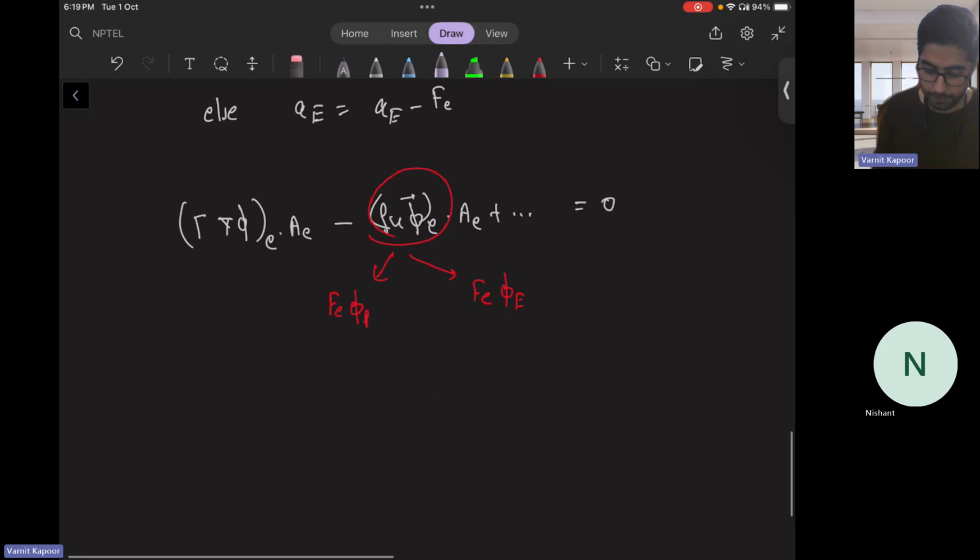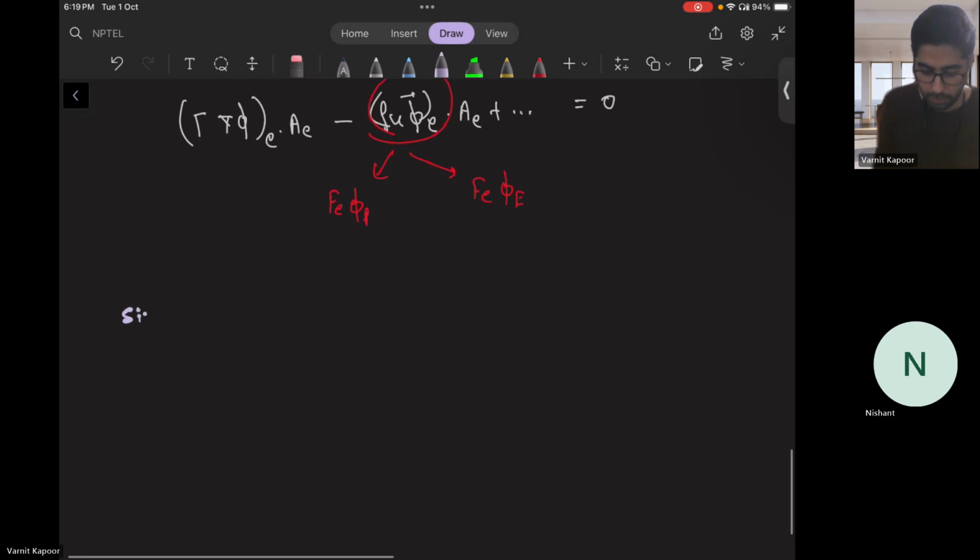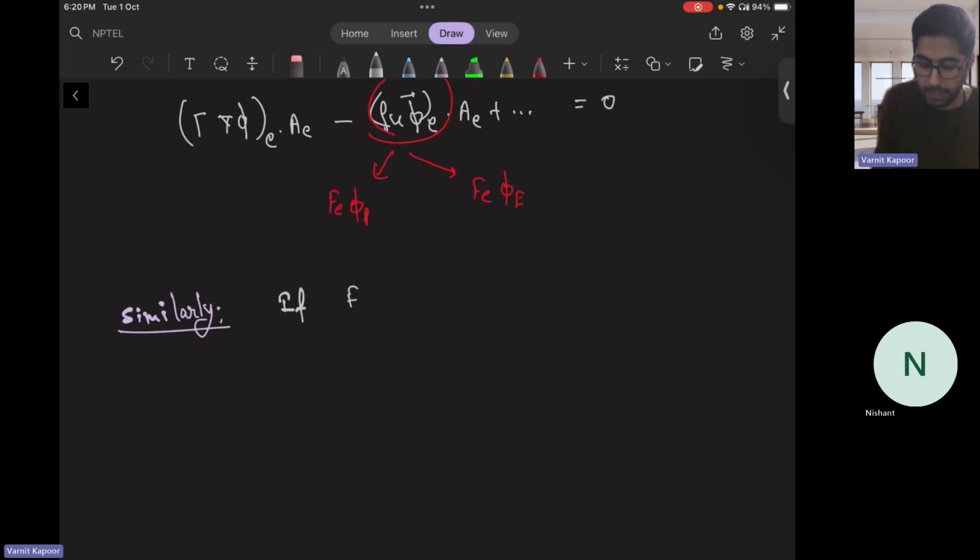Similarly, at the west phase, if Fw is greater than equal to 0, again, flow is from left to right, or flow is from right to left, you have to again see.